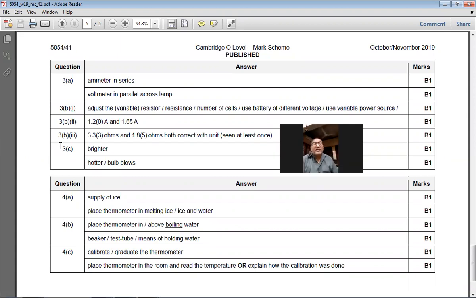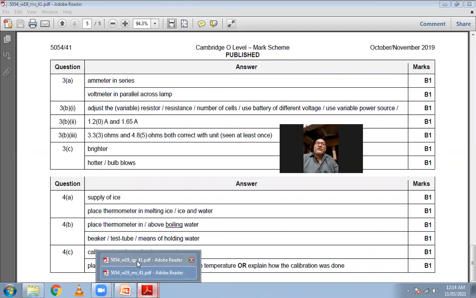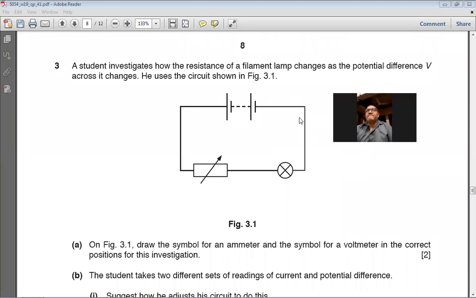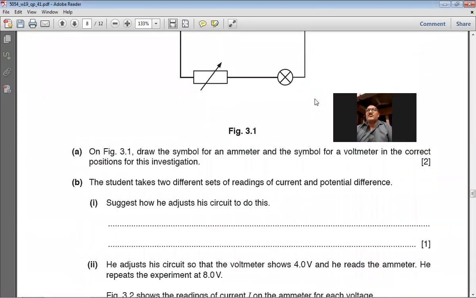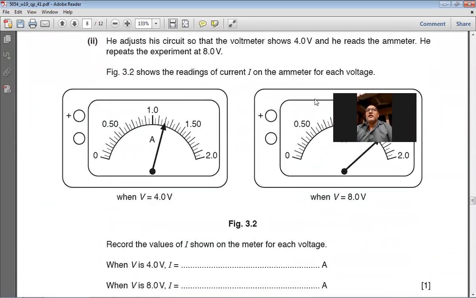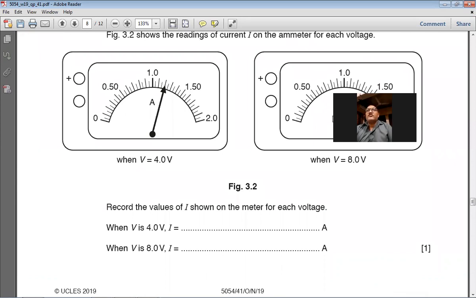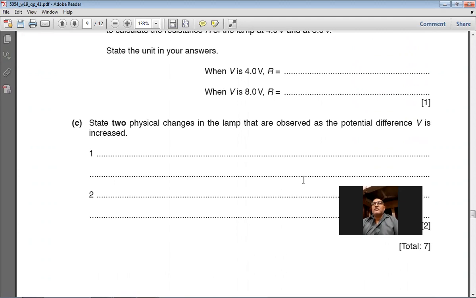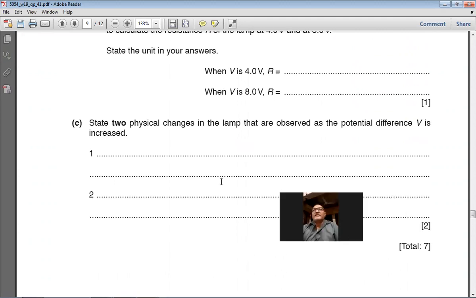It's very, very important that you check your answers and compare them with the marking scheme. This question was of 7 marks.